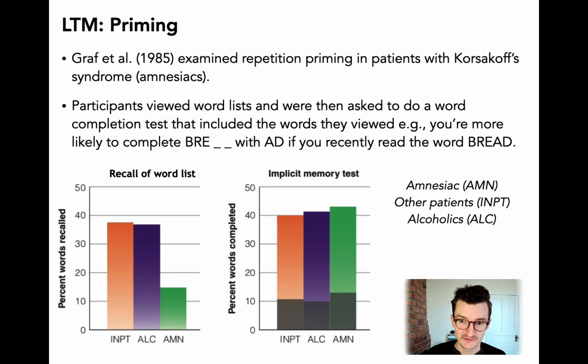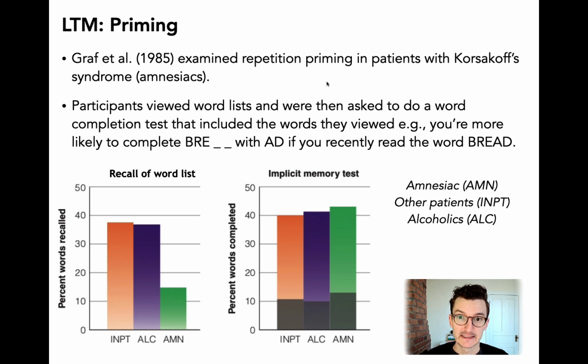And when we investigate priming in patients who have amnesia, who can't form new declarative memories, we see that they can still be primed. So in this particular study from the 80s, the researchers examined patients with Korsakoff syndrome. Korsakoff syndrome is caused by abusing alcohol.